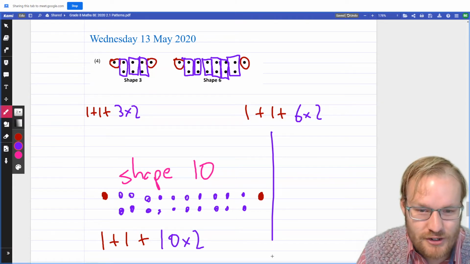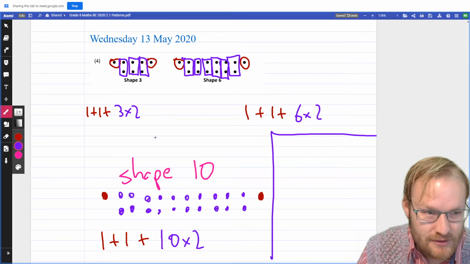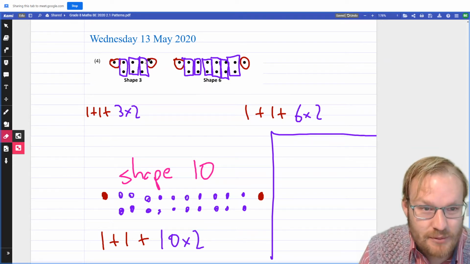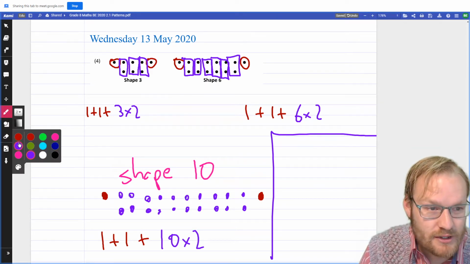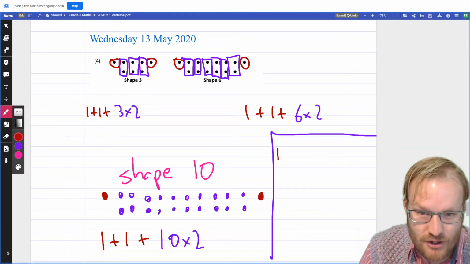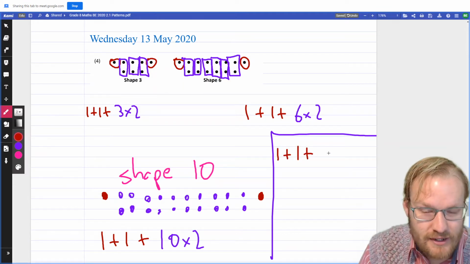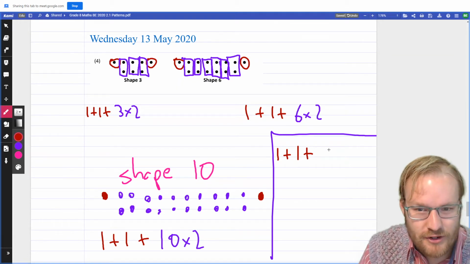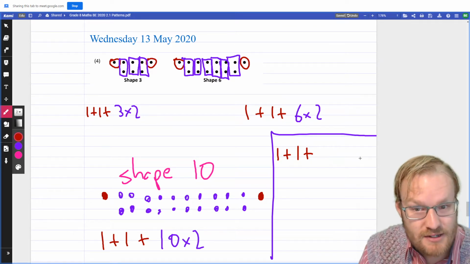And to do it for any shape, no matter which one you're on, you're always going to start with these 2 antennas, so 1 plus 1. Then how many groups of 2 do you have? It depends what shape you're on. Shape 3, you've got 3 times 2. Shape 6, you've got 6 times 2. Shape 10, you've got 10 times 2.